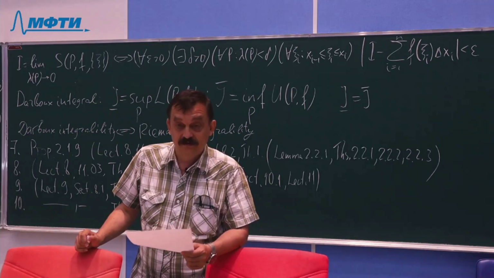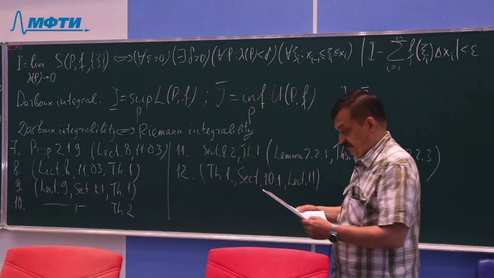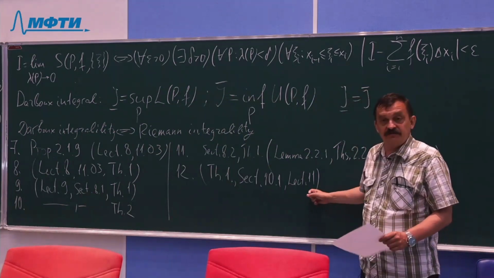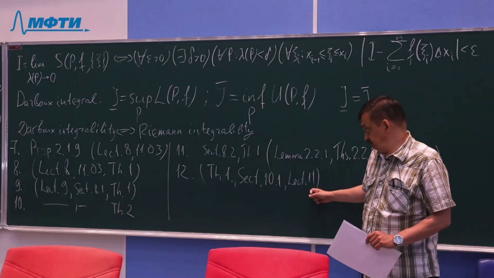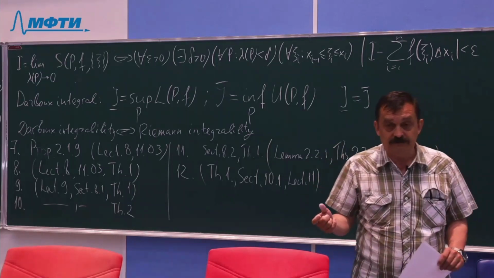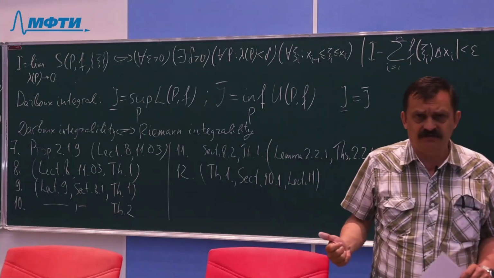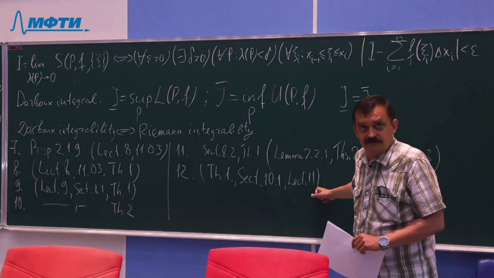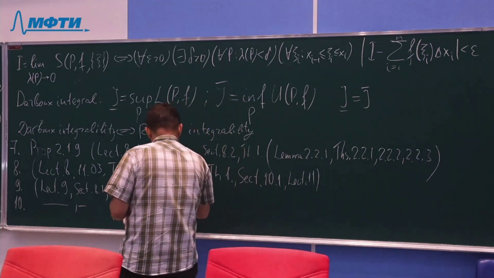I'll say a couple of words in future. But you see, once again, Newton-Leibniz formula, here I gave a proof, complete proof, right? In fact, you can find it, I think it's the same as in baby Rudin.